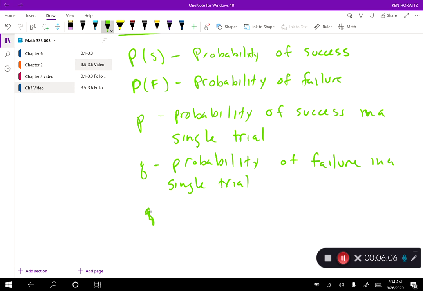And Q, that's a terrible Q. Make a better Q. Q equals 1 minus P. N equals the number of trials and X would equal the number of successes.